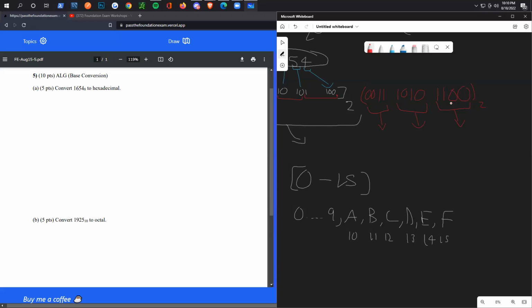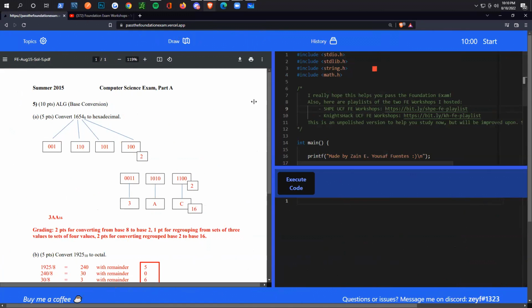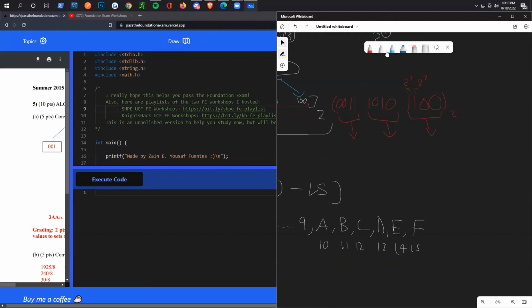Actually, let's start from this right here. We have 0, 0, 1, 1. That's going to be 2 to the power of 2 plus 2 to the power of 3. So this is going to be 8 plus 4, so there's just 12.